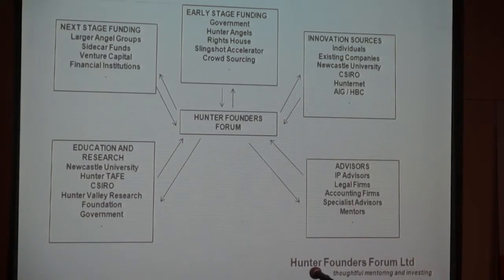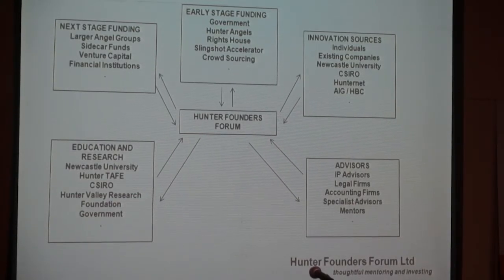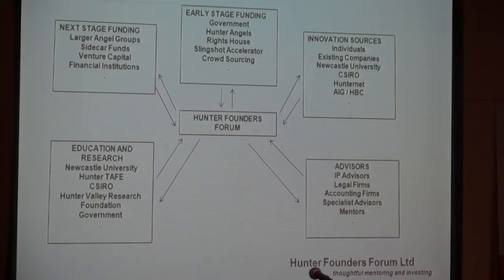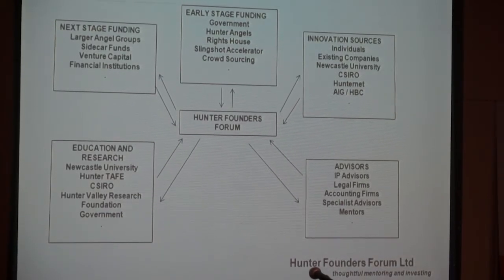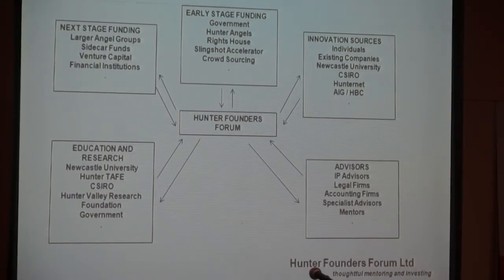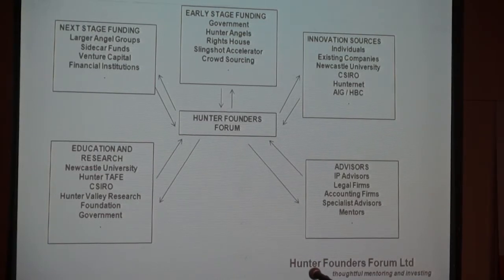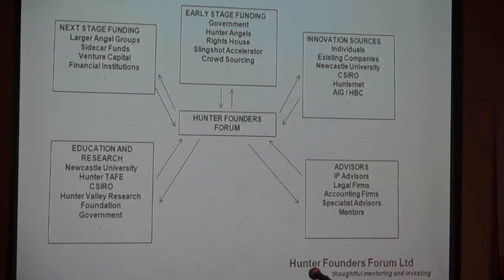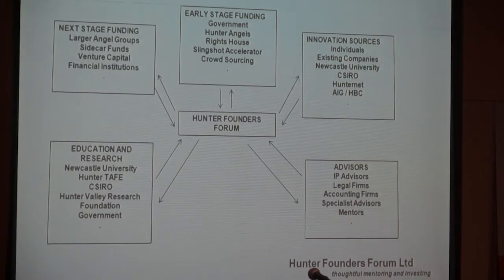So let's have a look at the Hunter Region innovation community. If you have a look at this diagram here, you can see that part of an innovation community consists of a number of things. You need early stage funding, then you need the next stage funding, you need education and research around a whole range of areas, you need the innovation sources, and you need advisors.